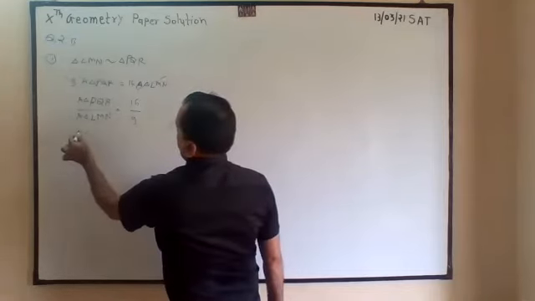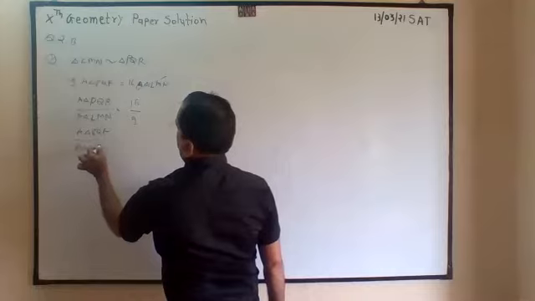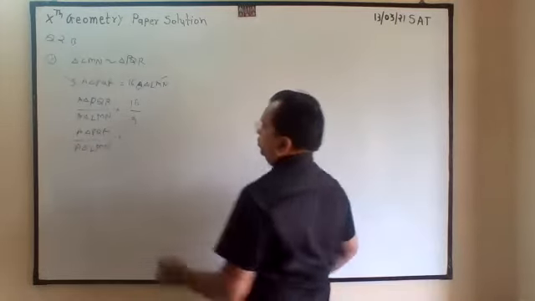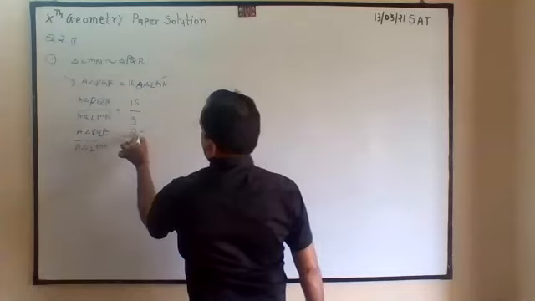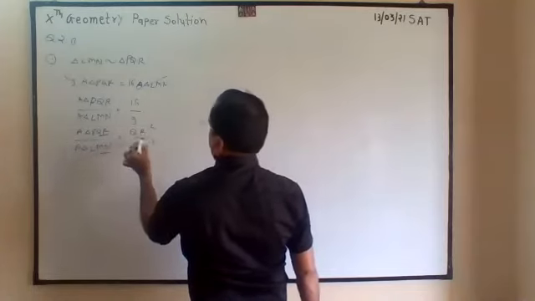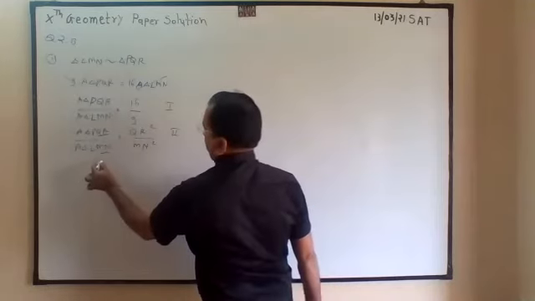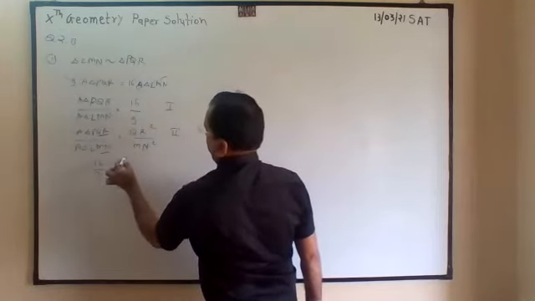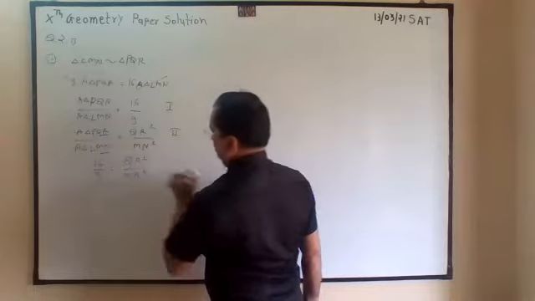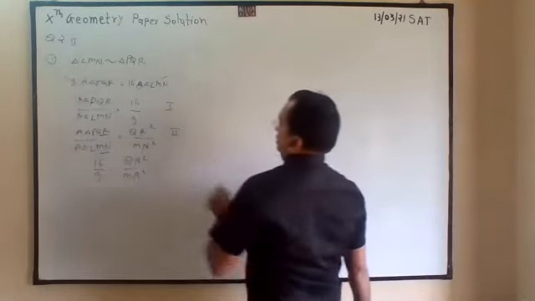Okay, and area of triangle PQR divided by area of triangle LMN is equal to QR square by MN square. So from this and this we can write 16 by 9 equals QR square by MN square. Okay, this is given.